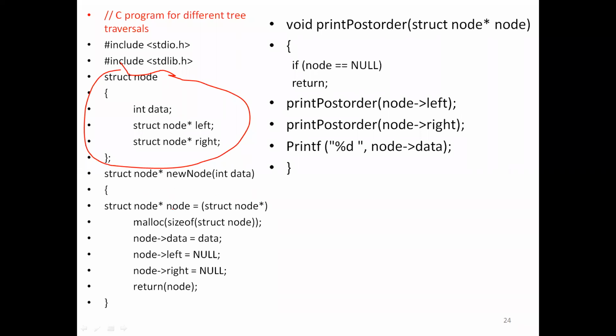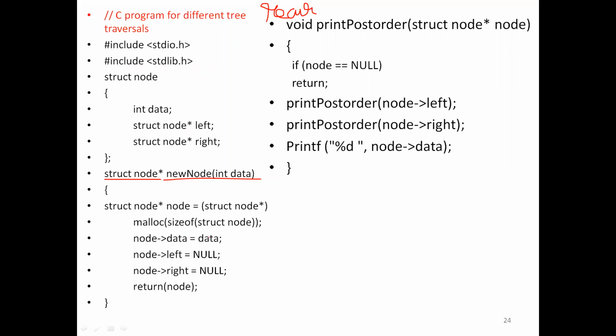We are writing a function called new node. You can find it here. New node is a function whose returning data type is struct node pointer. And keep it in mind, this program is written in a recursive fashion.